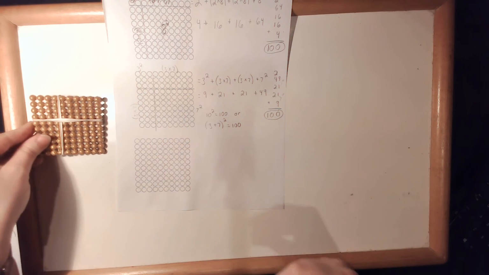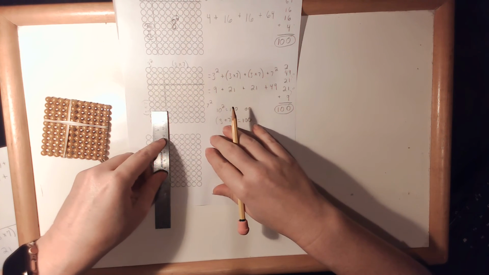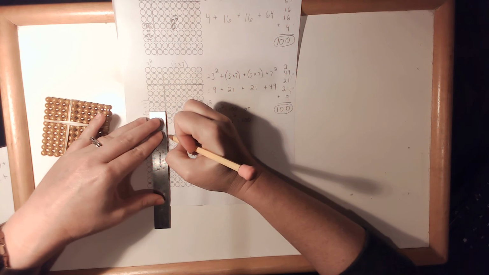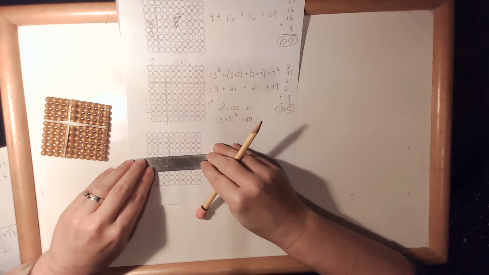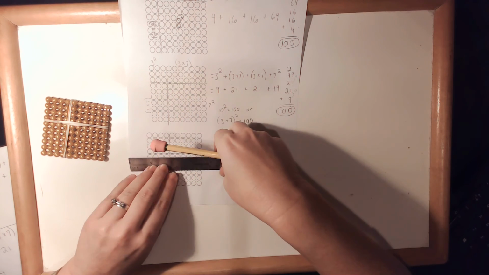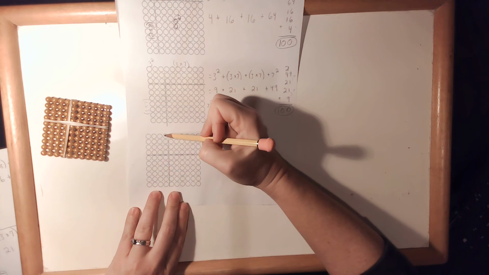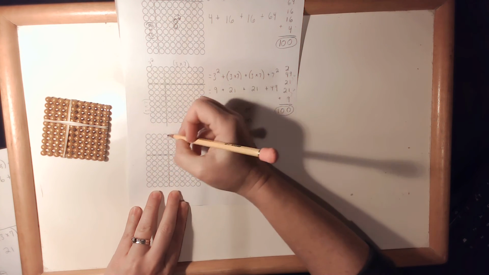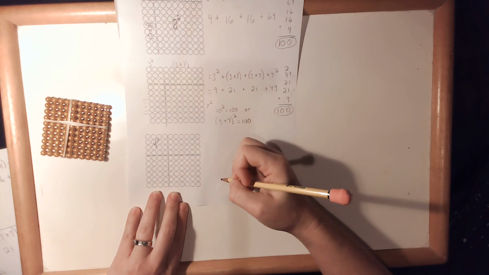So here we have it. There we go. So I can tell this is a square of 4. 4 squared.